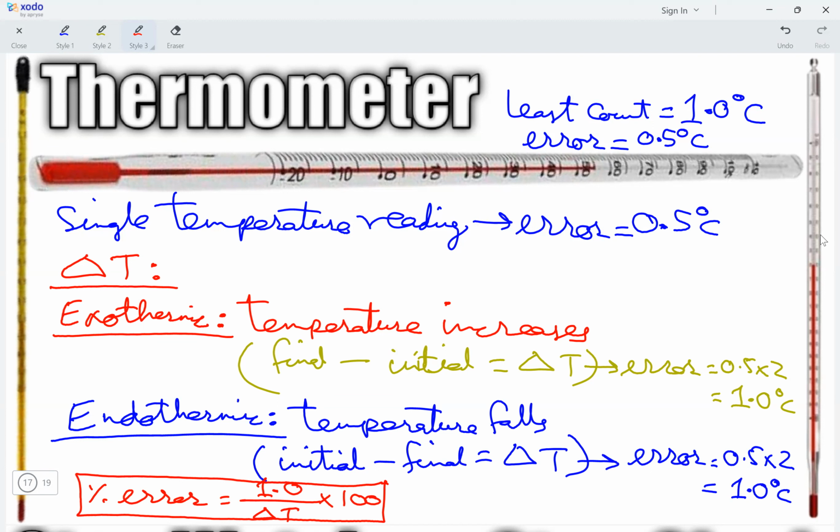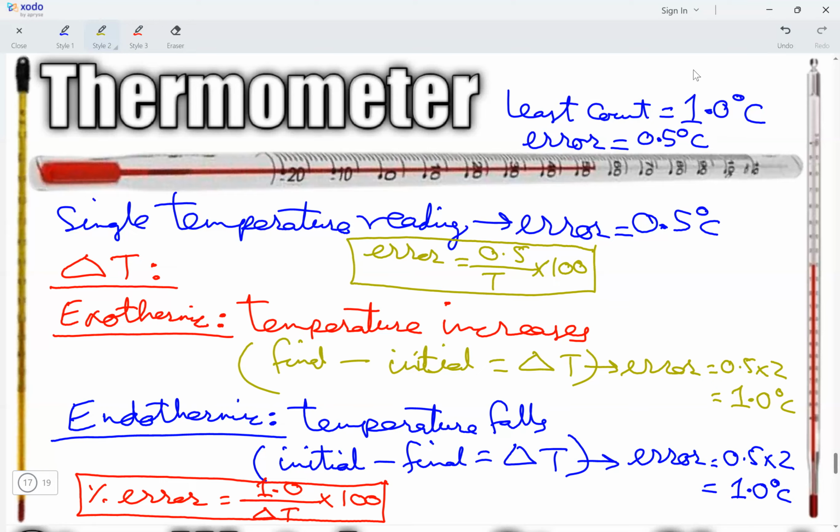The formula for measuring the error in a single reading of the thermometer would be 0.5 upon temperature into 100. This would give the error of a single reading of the thermometer, which would usually be the error in measuring the temperature of a liquid or the room temperature. And this is how a lab thermometer is used to measure different temperatures.